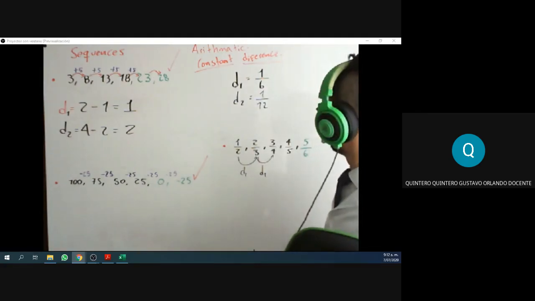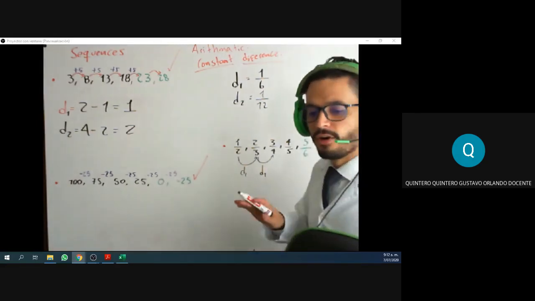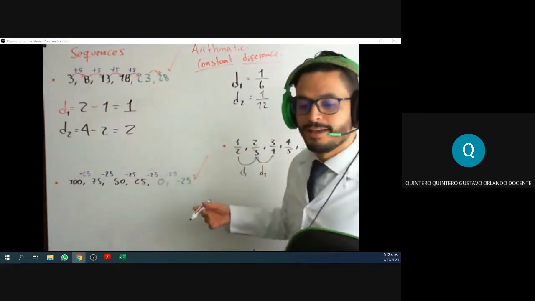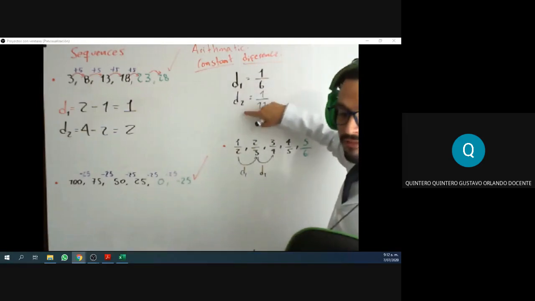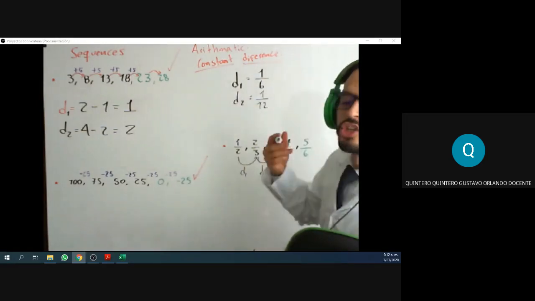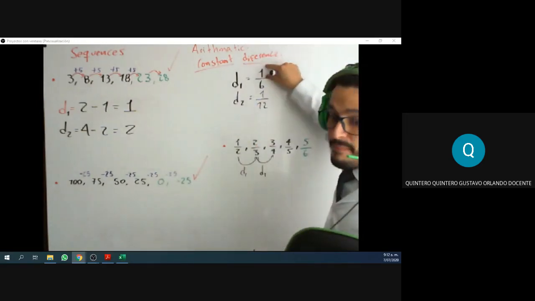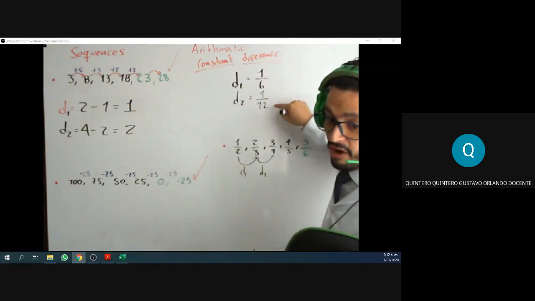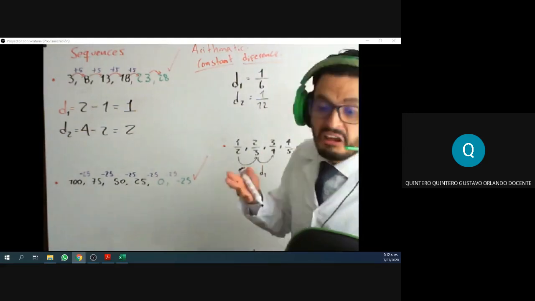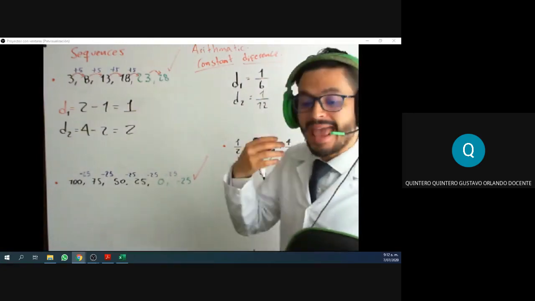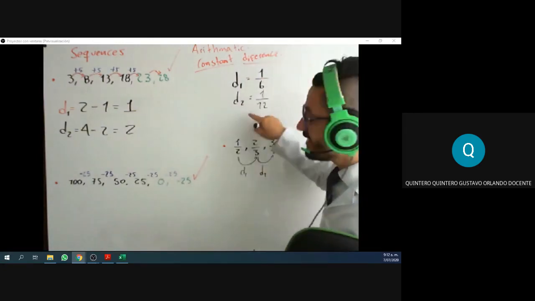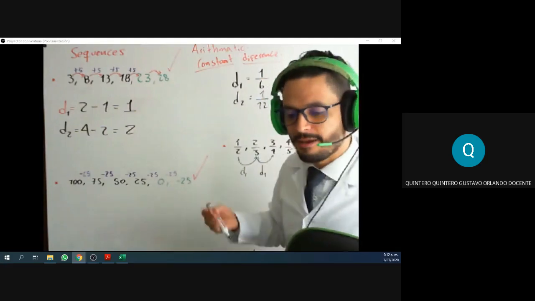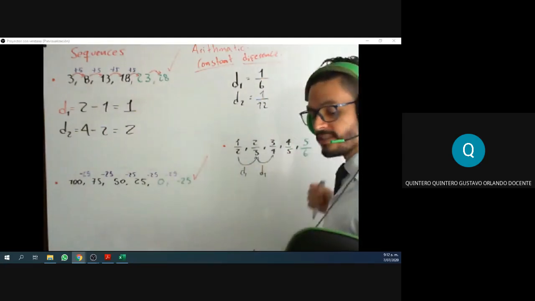Okay. Guys, from there, we don't have to continue. Because look, difference 1 and difference 2 are not the same. Sure, the first number is the same. We have 1 over something, and here we have 1 over something. But the entire difference has to be the same over the whole sequence.